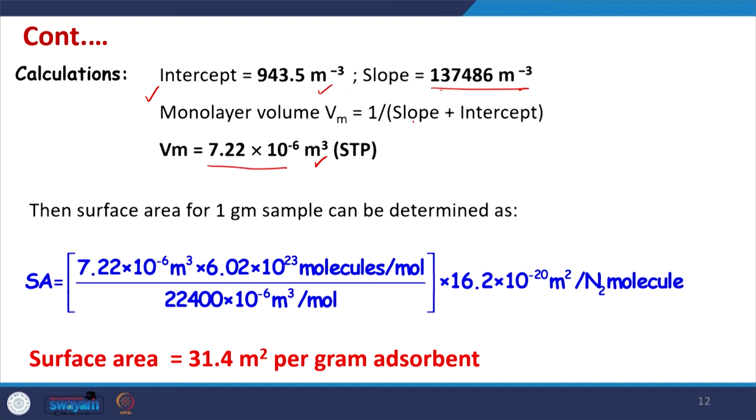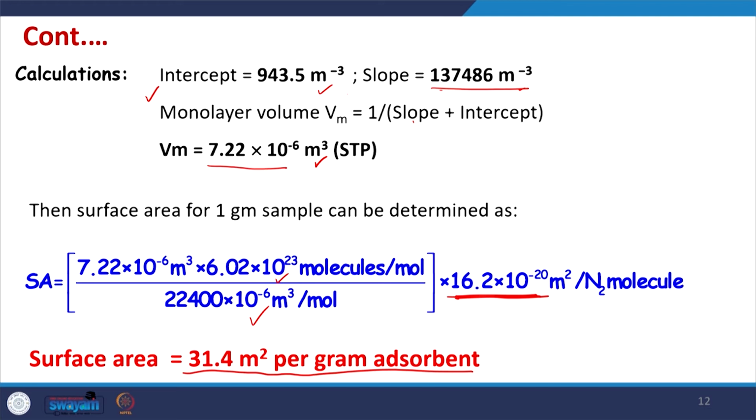The surface area can be calculated, it was already done previously. So, this data has been used here, and since each molecule has this much area, we can perform the calculation. For this particular condition, the surface area is 31.4 meter square per gram of adsorbent.